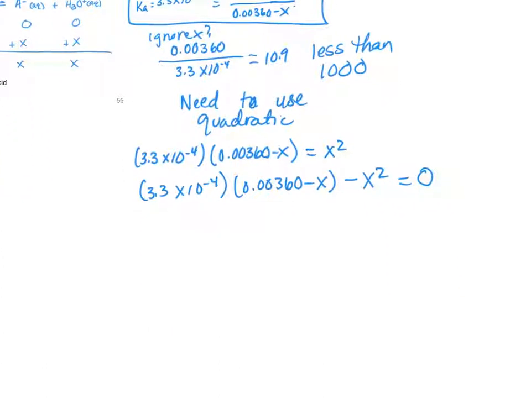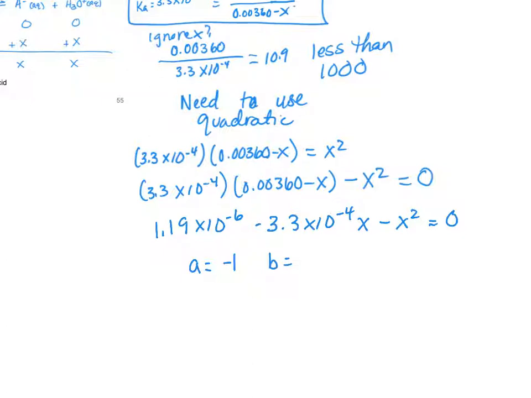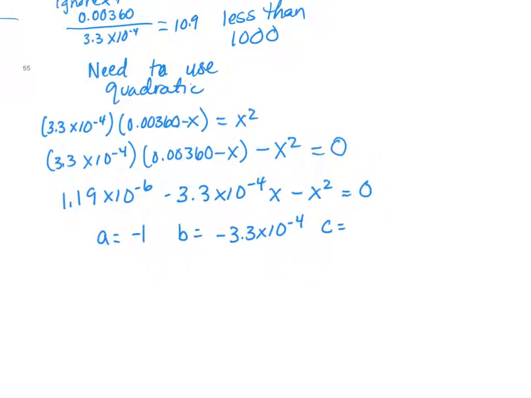When we multiply this out, we'll have 1.19 times 10 to the minus 6 minus 3.3 times 10 to the minus 4 x minus x squared equals 0. So A is equal to minus 1, B is equal to minus 3.3 times 10 to the minus 4, and C is equal to 1.19 times 10 to the minus 6.